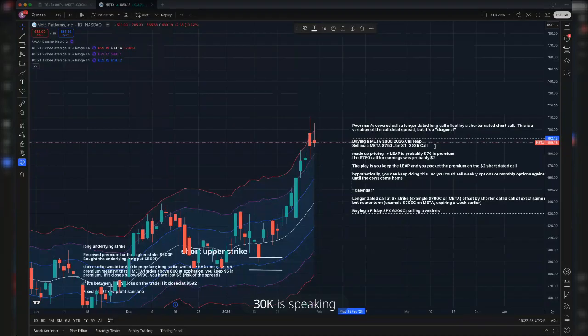Selling a Wednesday 6200C. That would be the general expectation of this, right? Of how that would work and how these are harder to do, and these are what funds do, right?